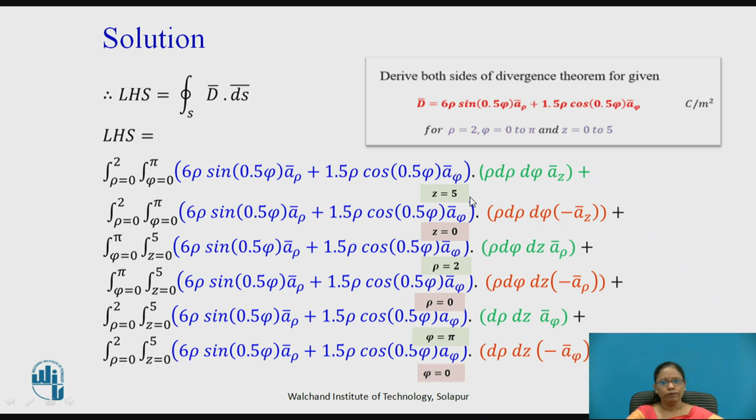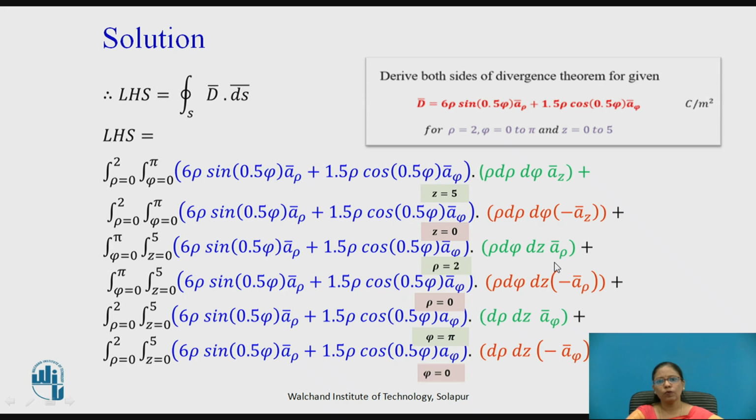What does this mean? There is this surface which is along positive az, and this surface along negative az, but at each surface there is some constant value of z. So that constant value of z is pi here, whereas here the constant value of z is 0. So 0 and pi are the values for the respective surfaces. From where have I taken these values? These are the ranges which are given. So the lower range of z is taken when there is minus az, and the upper range of z is taken when there is plus az.